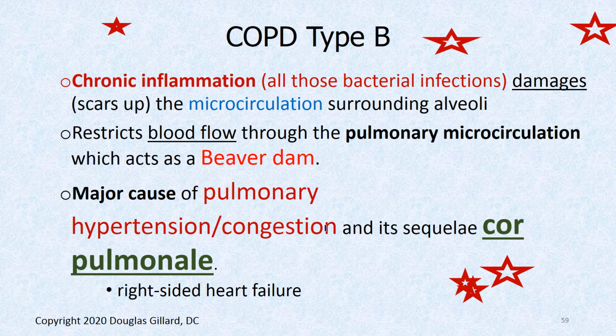And COPD type B is responsible for cor pulmonale, according to this old system. But COPD type A can also do it, emphysema, because again, it's a mixture of these two.